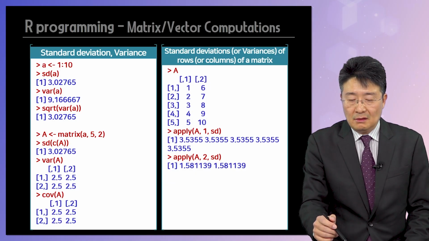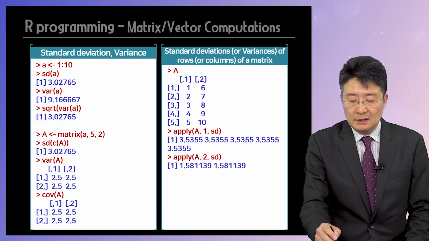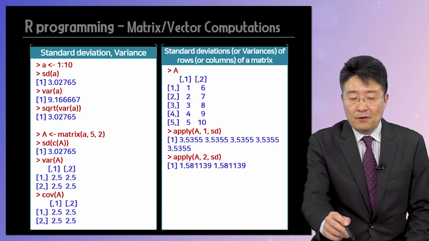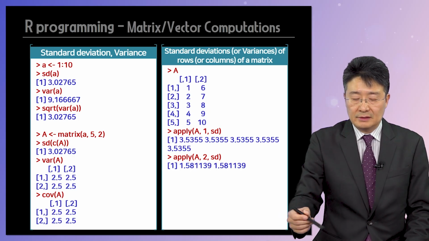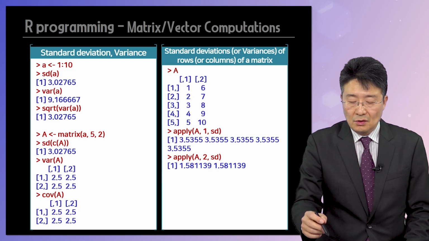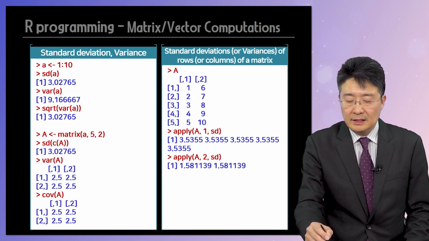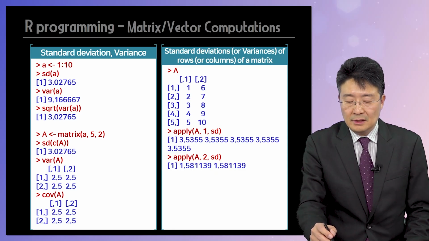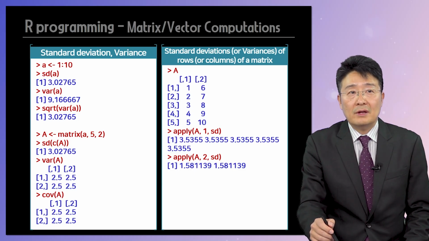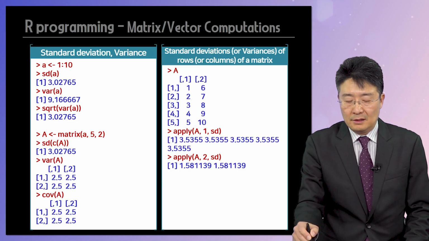Most of all, I like to emphasize this apply function. This function is specially designed for matrix and vector computation. If you put 1 in here, it is a calculation for rows. If you put 2, this calculation is for columns.